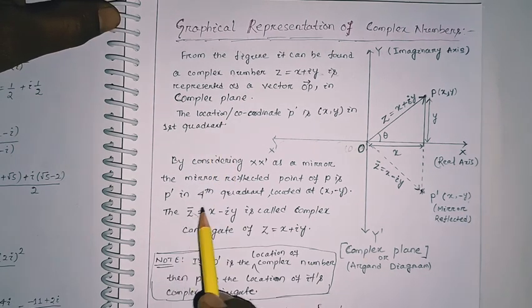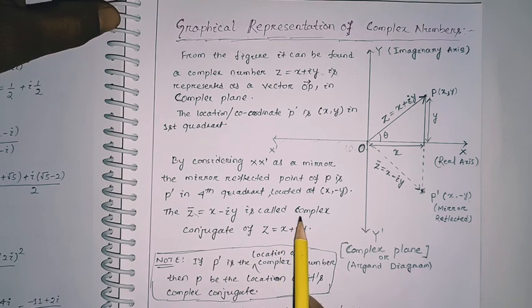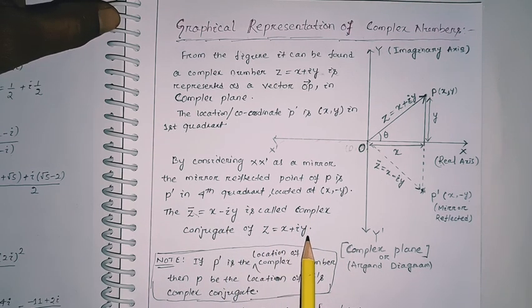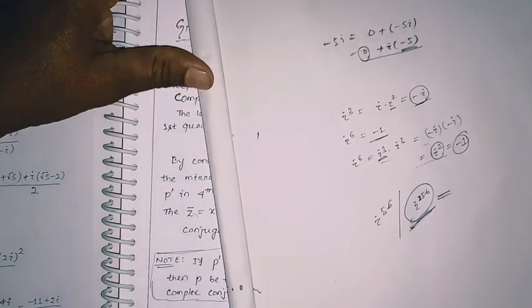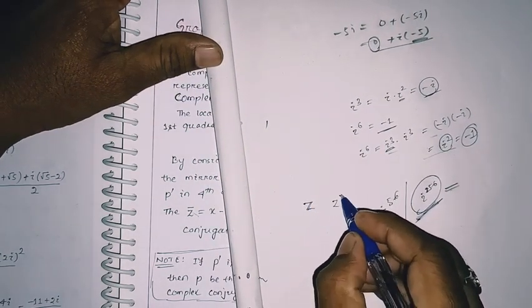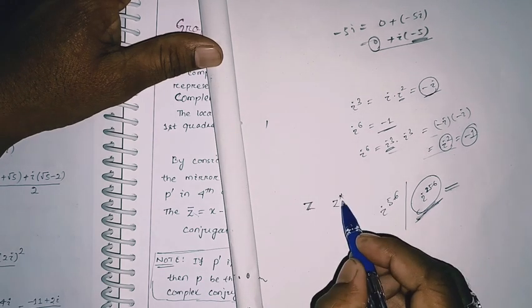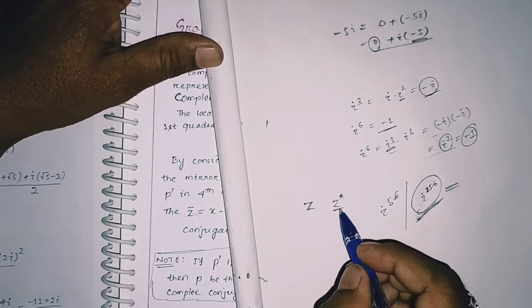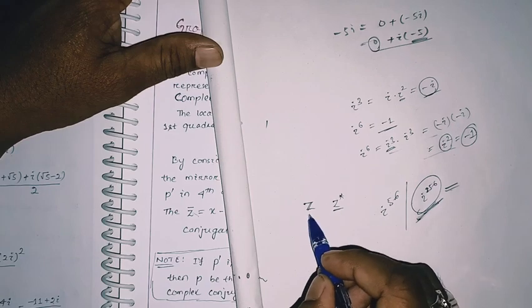The z bar is nothing but x minus iy, called the complex conjugate of z, that is x plus iy. Here I am going to tell you one thing: some books represent the complex conjugate of a complex number as z star. So z star is also a representation of the complex conjugate of a complex number.